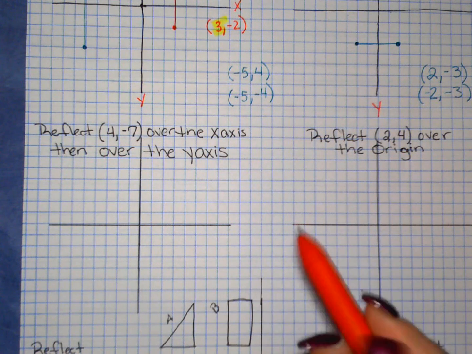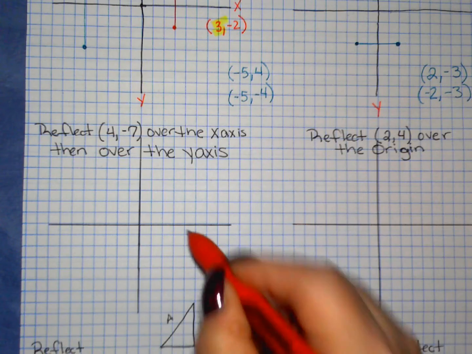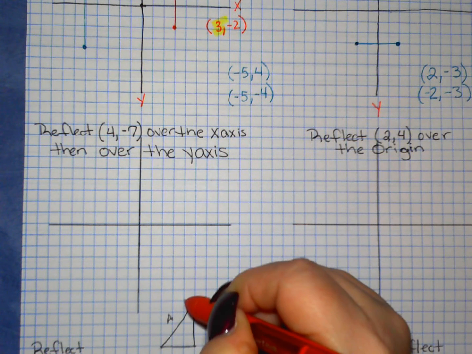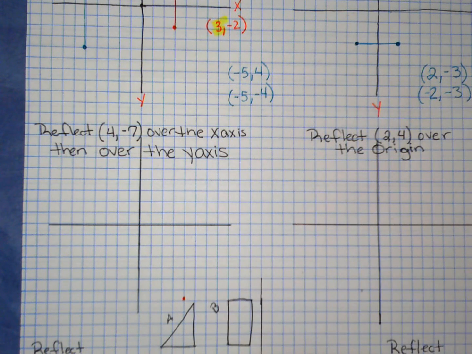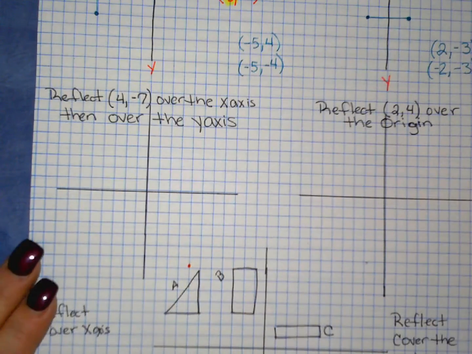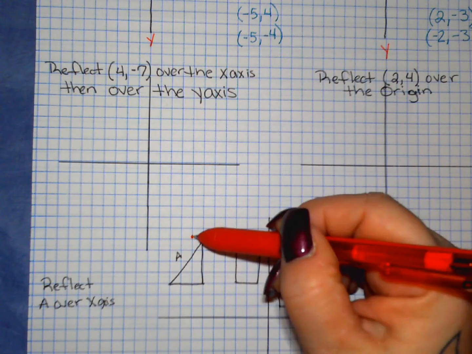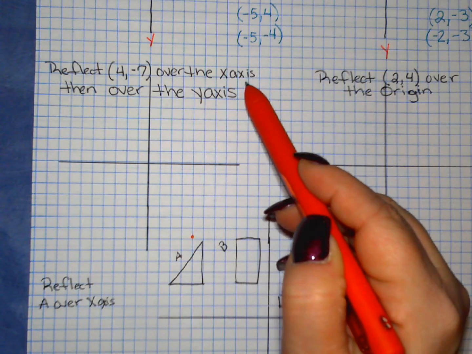So 4, then -7: 1, 2, 3, 4, 5, 6, 7. It's a little close to my other example, but we'll deal with it. Okay? So there's my point. I'm going to move that up. Right here.